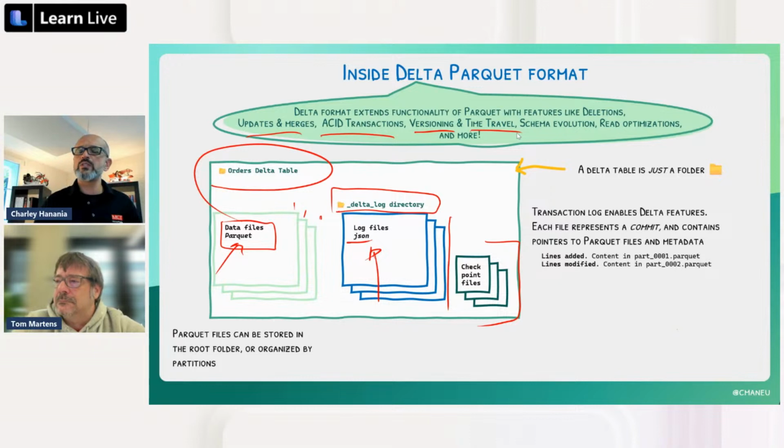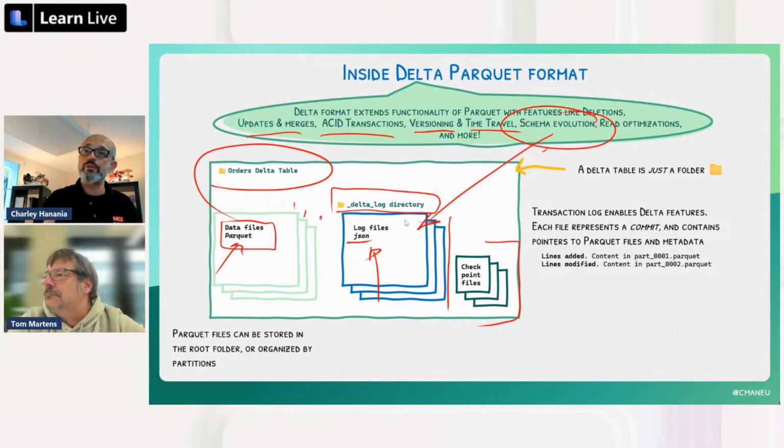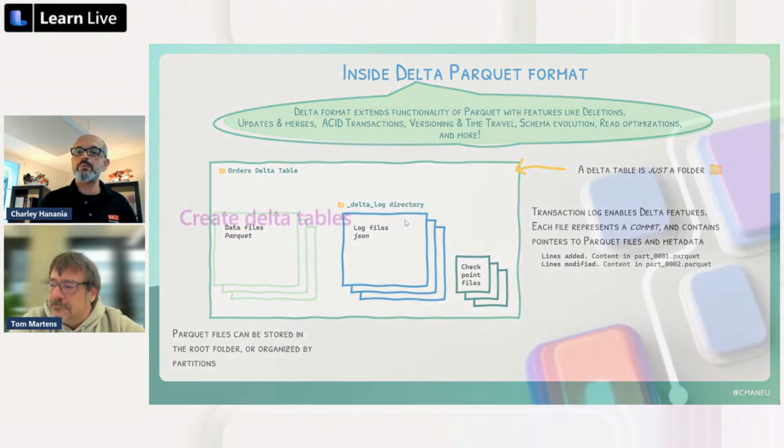So things such as slowly changing dimensions, to additions to the fact tables, as we would see them in traditional data warehouses, would be managed in that capability too. Additionally, it says here schema evolution, so that would be logged in there. If you end up adding columns, removing them, removing data, etc., that would be managed there as well. Okay, so that's the basic understanding of what Delta Parquet format adds to the Parquet capability itself.